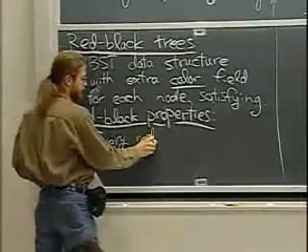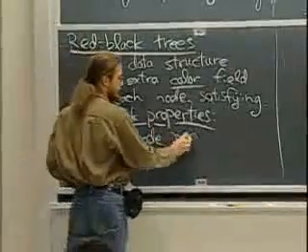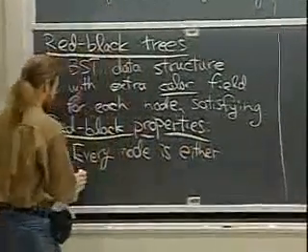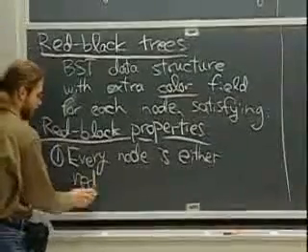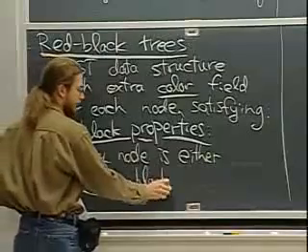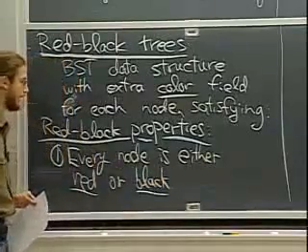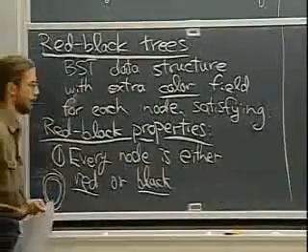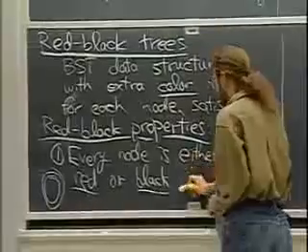The first one's pretty simple. Every node is either red or black. That's hence the name of red-black trees. So the color field is just a single bit specifying red or black. And red nodes I'm going to denote by a double circle because I don't have colored chalk here. And black nodes will be a single circle.